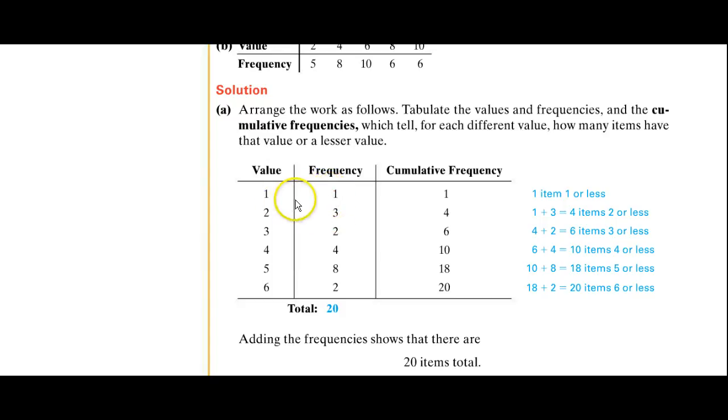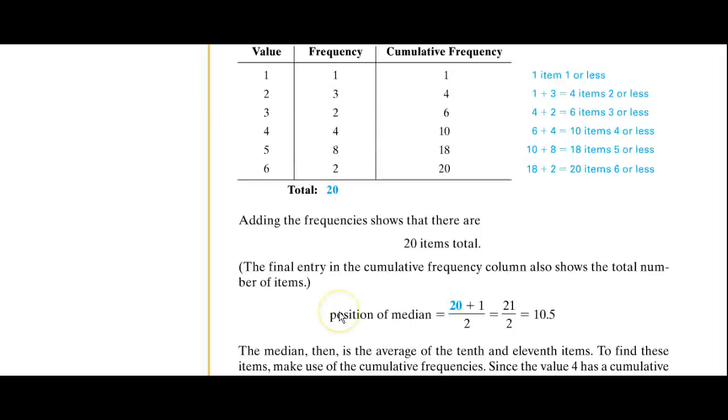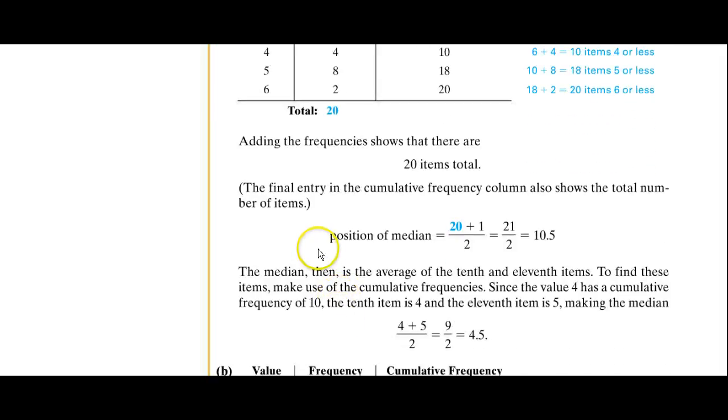We multiply these and get our cumulative frequency. Now our frequency, when we do our totals, is 20. So we go to our formula, 20 plus 1 divided by 2 is 10.5.